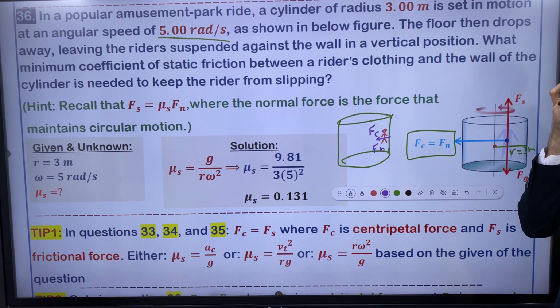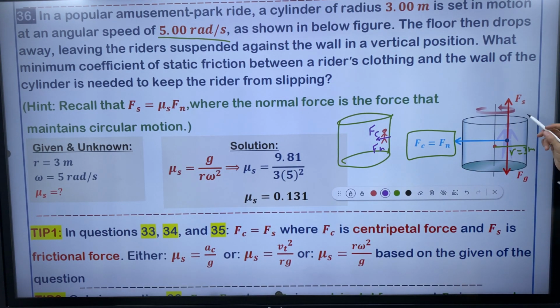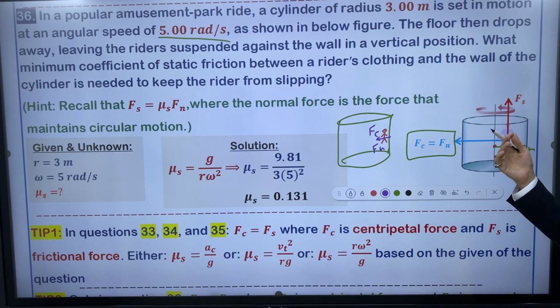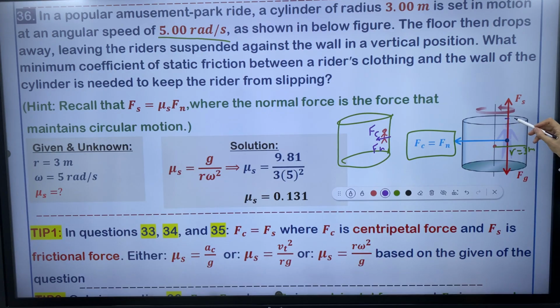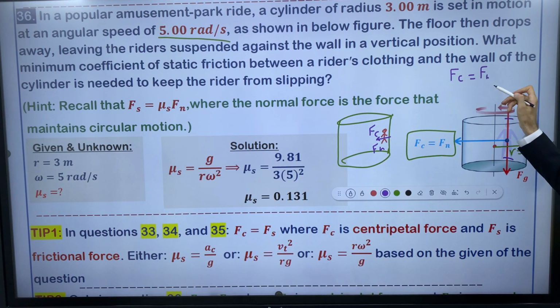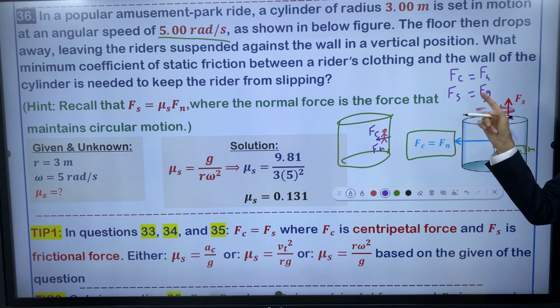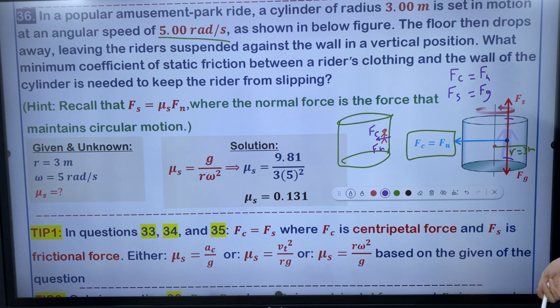That's it. So the condition is completely different from the previous questions, right? Fc becomes Fn. But here, teacher, what happens to the frictional force? Frictional force balances the weight of a person. So here we have two conditions: Fn, normal force, becomes centripetal force, and Fs becomes Fg, meaning the weight of a person balances the frictional force, and vice versa.